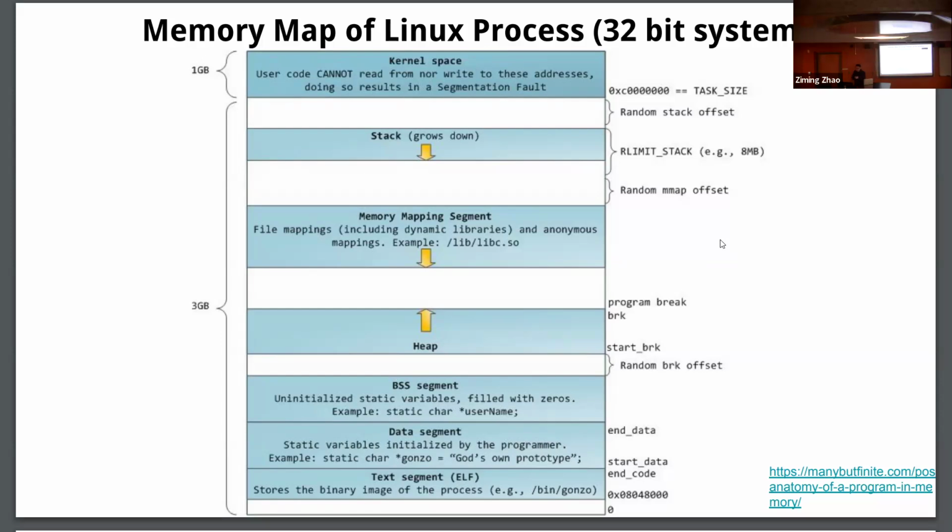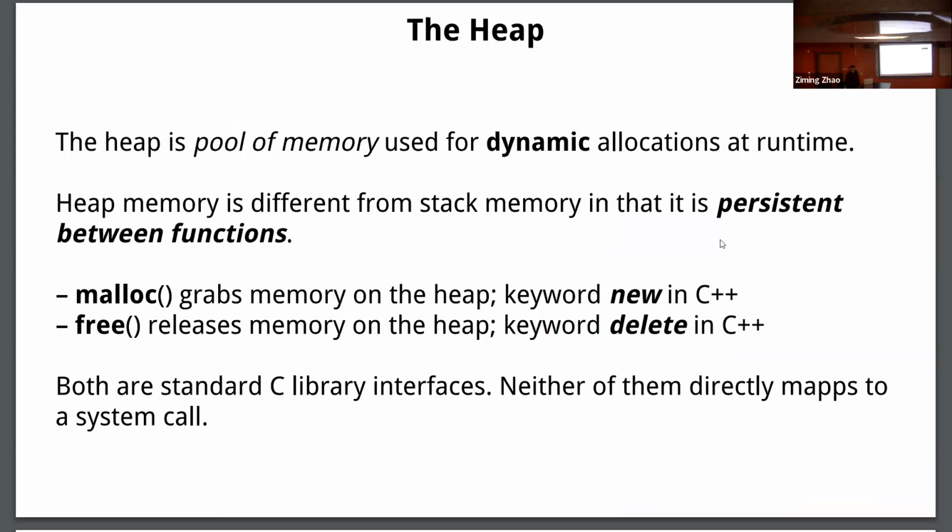Programmers can dynamically request those memory regions and also release them at runtime. So basically, heap is a pool of memory used for dynamic allocations at runtime. So the keywords here are dynamic and runtime. Basically, they mean the same thing.